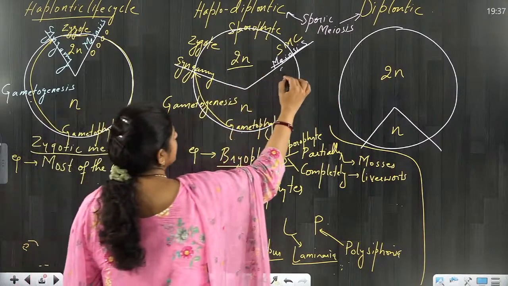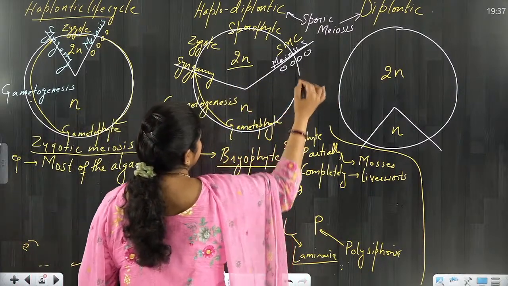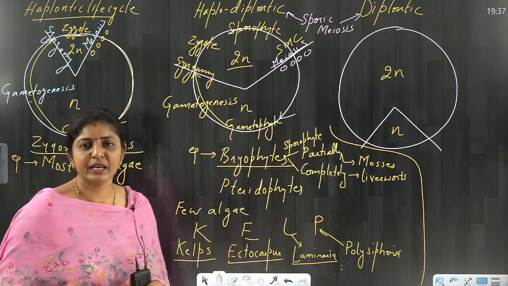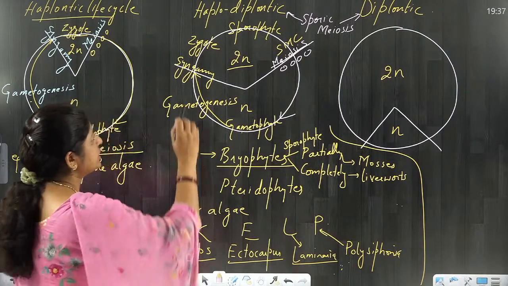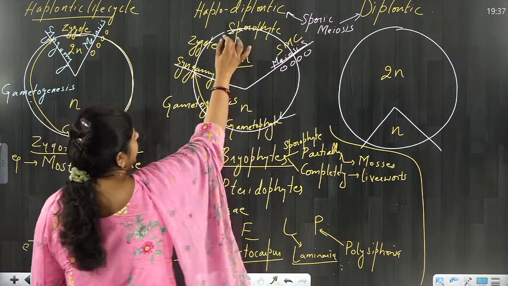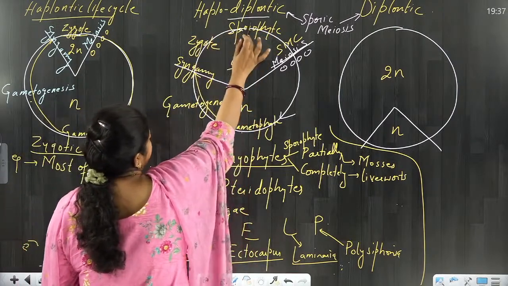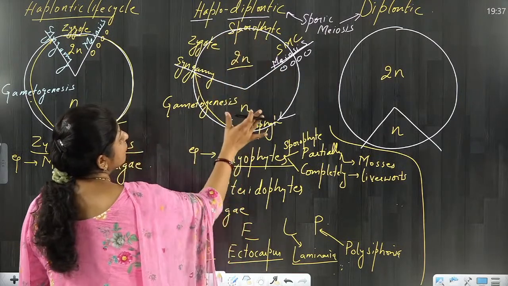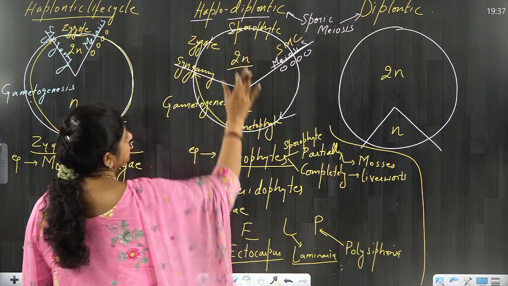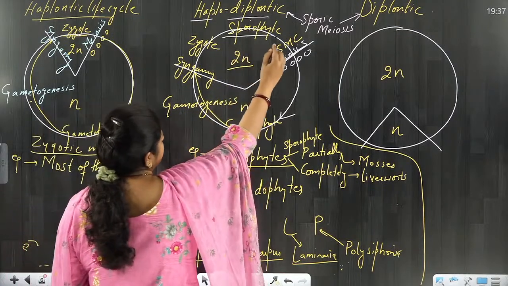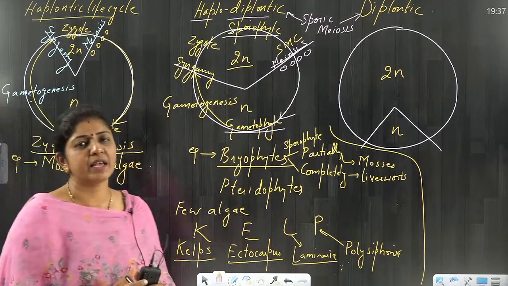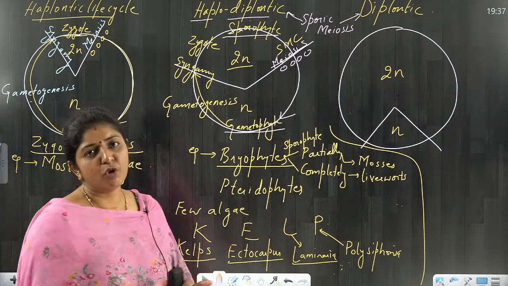Now when these spores form, again they form the gametophyte, and the life cycle completes. As the sporophyte depends upon the gametophyte, we call it haplodiplontic. First haploid, then diploid, but with equal duration for the haploid as well as the diploid. A proper structure forms in the sporophyte as well as the gametophyte. That's why this life cycle is called haplodiplontic.